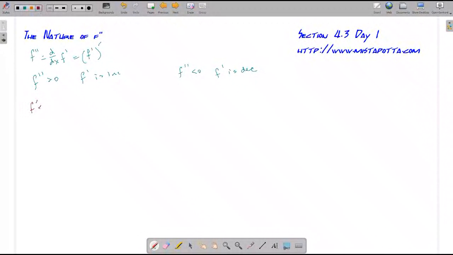If f prime is less than 0 and f double prime is greater than 0, that means my slopes are negative, but they're increasing. So that means that f is getting less steep.